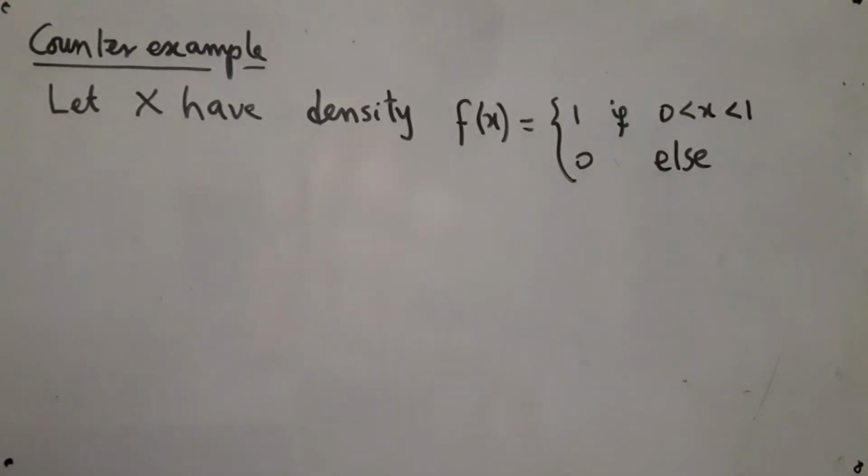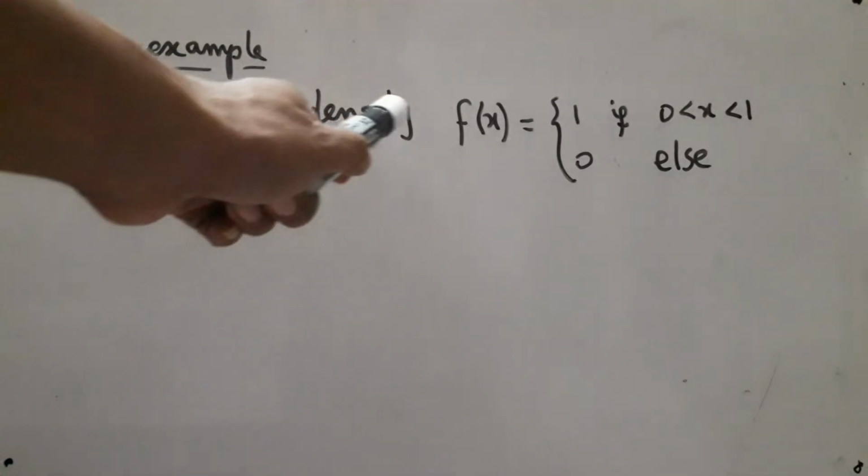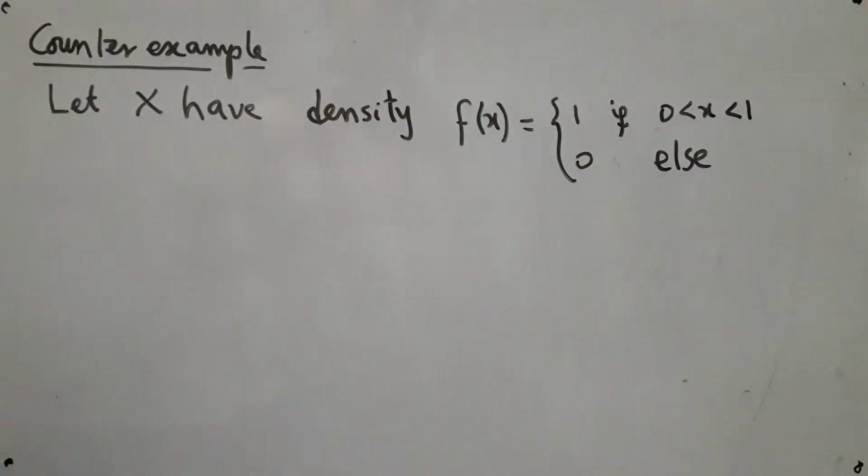The counterexample will start by specifying x. Suppose x has density fx. Between 0 to 1, it takes the value 1, otherwise it is 0. Now when I say that here is a random variable, I of course mean there is a capital omega on which it is defined. Now I need to define a y on the same capital omega, and I will do that very easily by taking y equal to x.